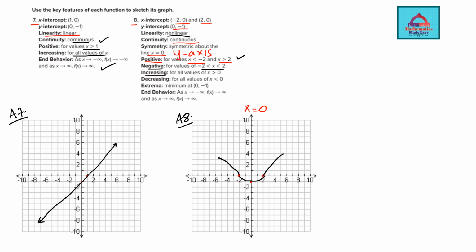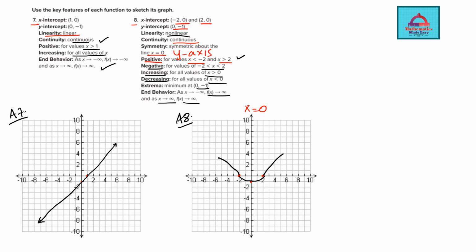Increasing for all values of x more than 0. So if you see from this point to this point, it's increasing, and for x less than 0, on the negative side, it is decreasing. Minimum is attained at the point 0 comma minus 1, that's the lowest point. And if you check for end behavior, on the left side f(x) is going up, so it is positive, and on the right side where x is positive, f(x) is also positive.